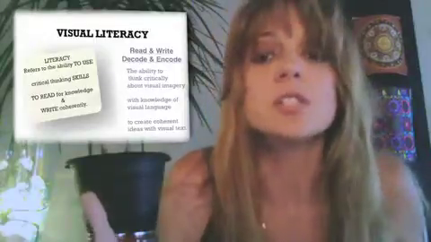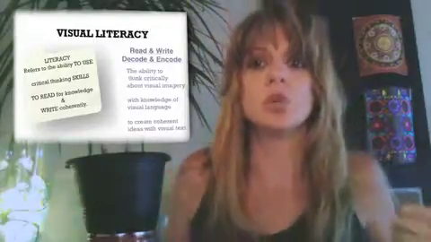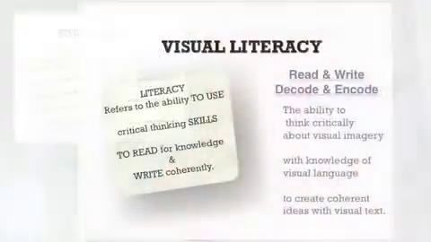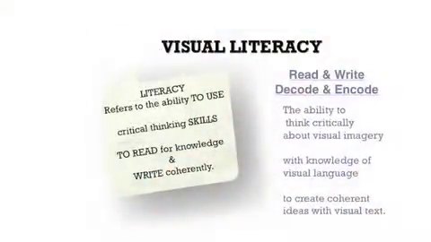So let's talk for a second about visual literacy and what it is. So literacy, just in general, refers to the ability to use critical thinking skills to read for knowledge and to write coherently. So if we were to apply that to visual literacy, it's the same principle: read and write, decode and encode, but it would be slanted toward visual text.